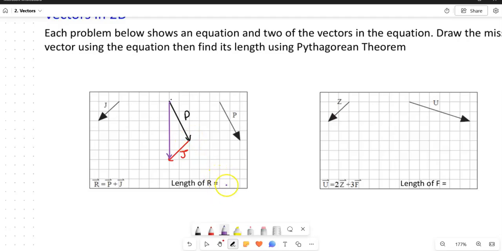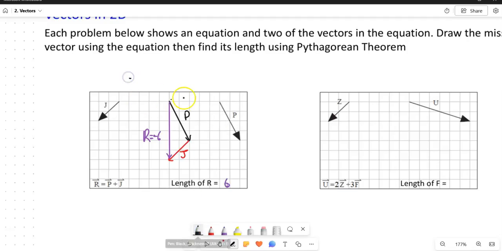Well, we just want the length, which is just 6, right? If we wanted the actual vector r, we would put -6, right? But since you might not have something so convenient for you, let's go ahead and do Pythagorean's theorem, okay?